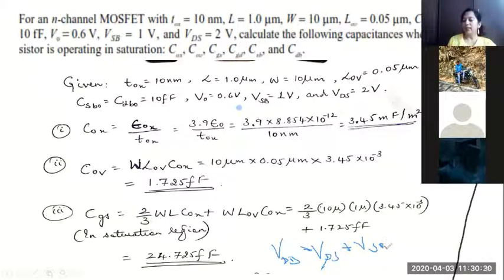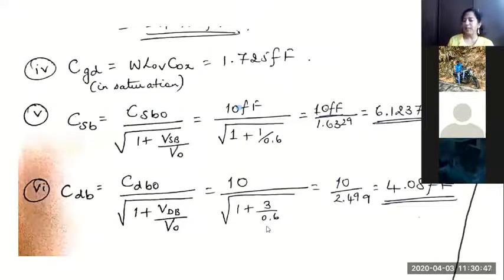If I add VDS and VSB, the overall effect will be VDB, correct? So 2 plus 1 volt effectively becomes 3 volts. That's why I have used 3 by 0.6 and you'll get this value. Any doubts with this? Hope you're following.